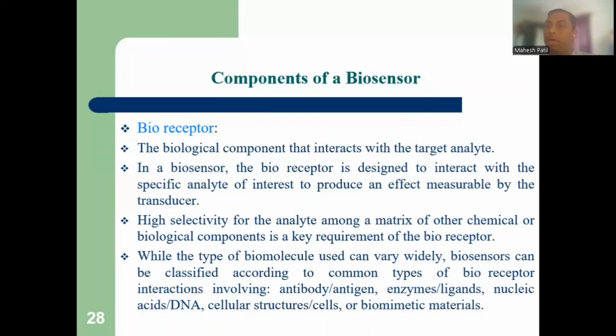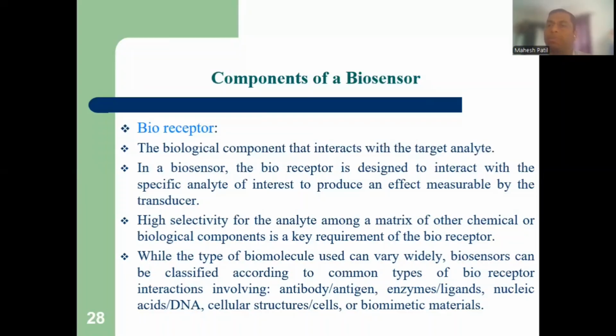So if any homogeneous or heterogeneous mixture is given, my bioreceptor has to pick a particular analyte and bind with it among a different combination of solutions. So for a bioreceptor, selectivity has to be very high. High selectivity is one of the most important characteristics possessed by a bioreceptor.